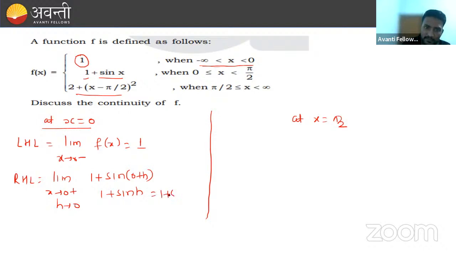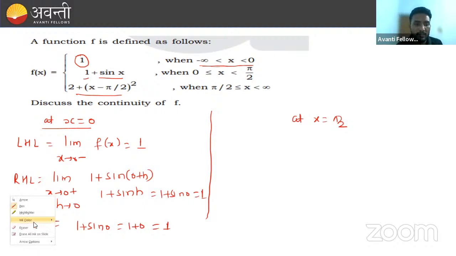So it is 1 plus sine 0, which is 1 only. And again, f of 0: at exactly 0 it is 1 plus sine 0, so 1 plus 0, which is 1. It means that at x equals 0, LHL is equal to RHL is equal to what?